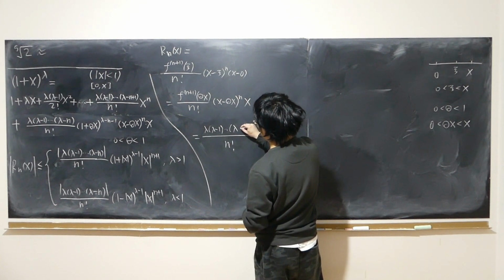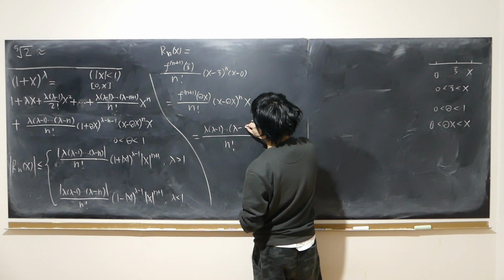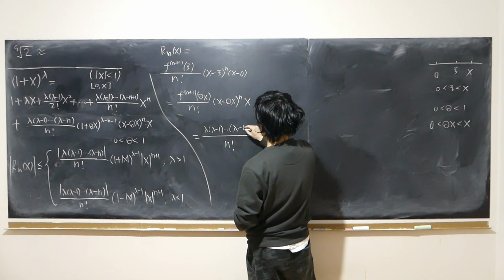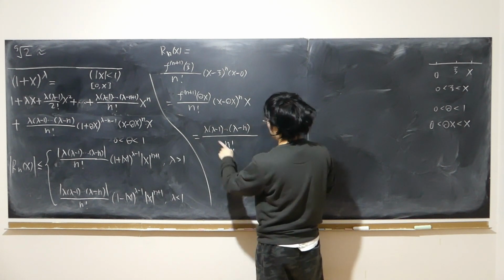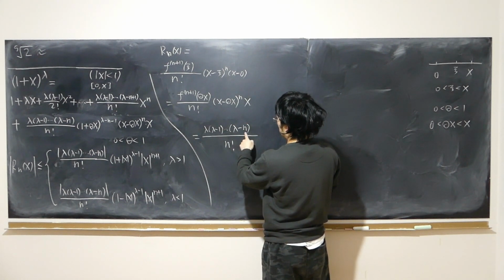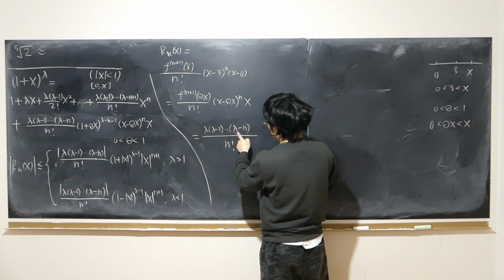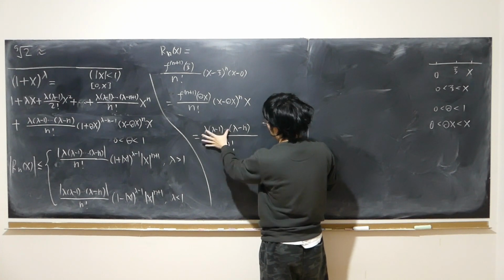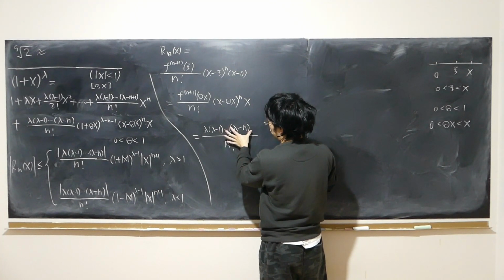So I should have lambda minus n. Because lambda minus n, with n plus 1 terms, is exactly where I should stop.